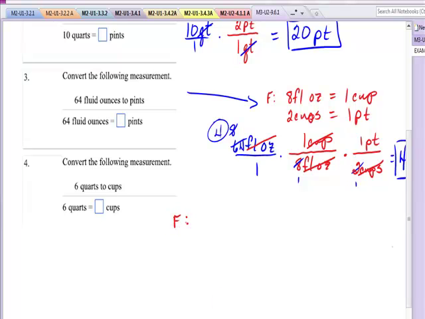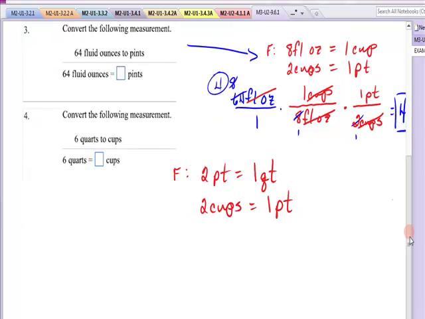So I have 2 pints equals 1 quart, and I have 2 cups equals 1 pint. They don't have to be written in this order, but I will be able to tie quarts to cups.